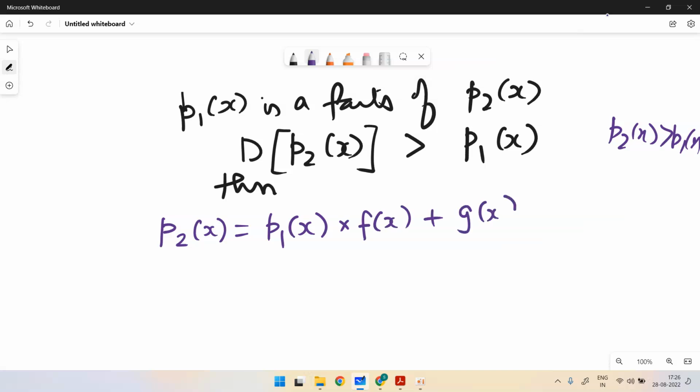This is the normal equation where the dividend is equal to divisor multiplied by quotient plus remainder.